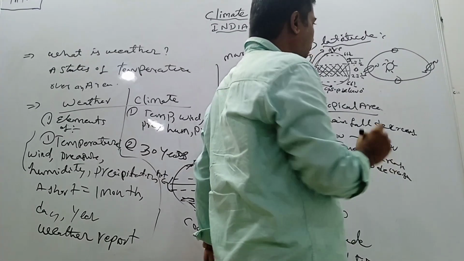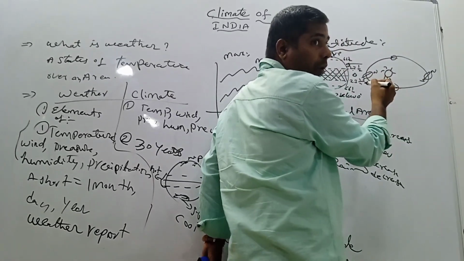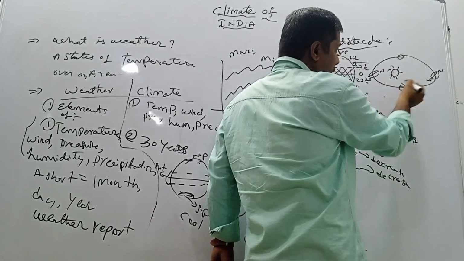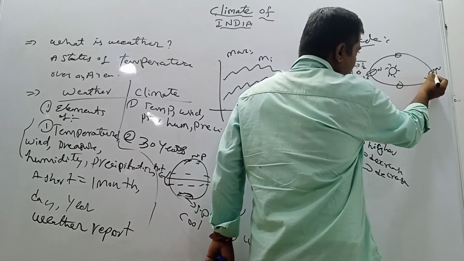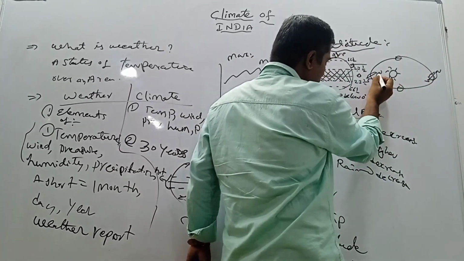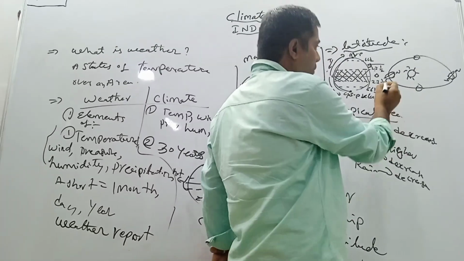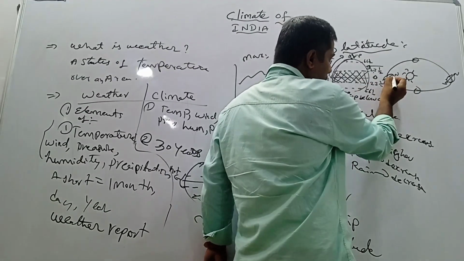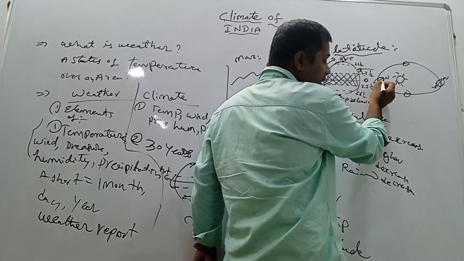If you observe, when this Earth revolves around the sun, in this revolution, for 6 months, the southern hemisphere comes face towards the sun. After 6 months, the northern hemisphere comes face towards the sun. So when the northern hemisphere comes face towards the sun, here insolation is more.